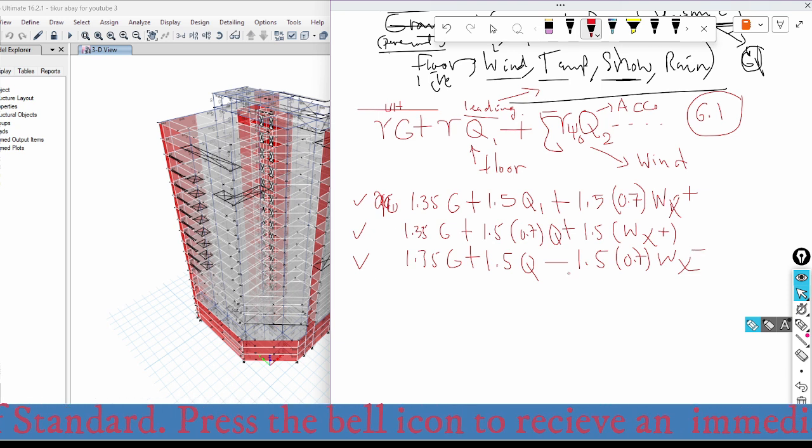And also 1.35 permanent load plus 1.5 times 0.7 Q, plus 1.5, sorry, this becomes minus because we are applying in the negative x direction, minus 1.5 times wind in the x negative direction.